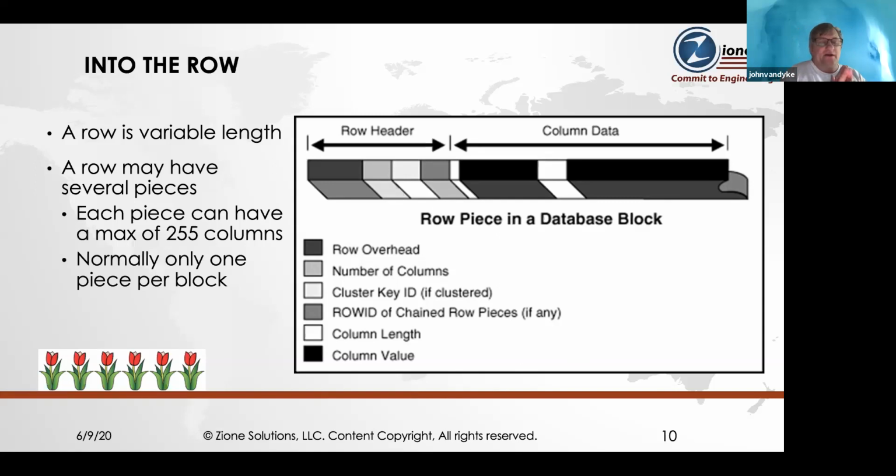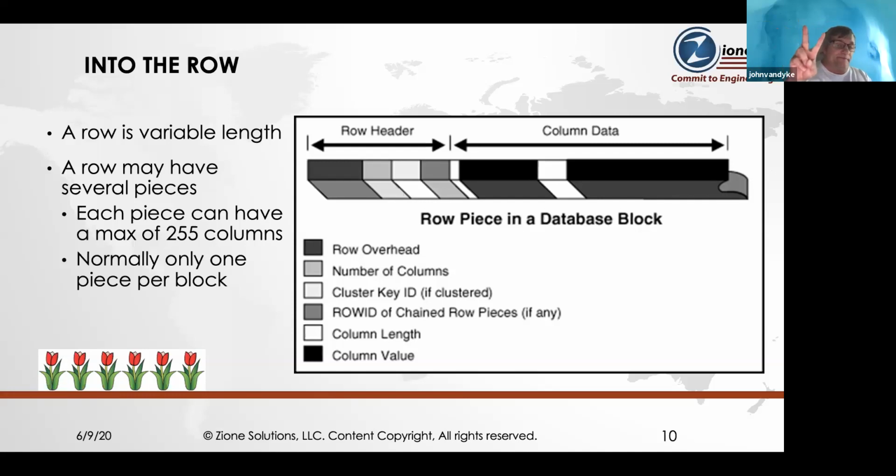If you have columns that are almost always null, put them at the very end of the table definition. And it matters because, as we're going to see in just a few moments, Oracle won't store anything about them at all.